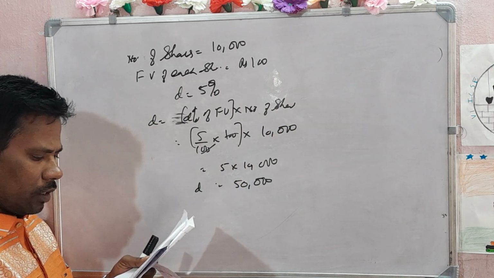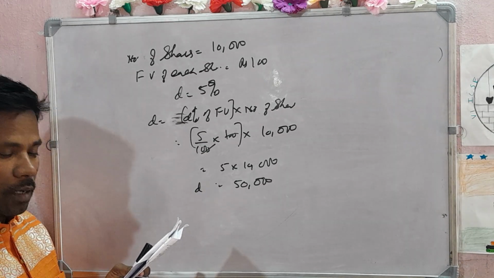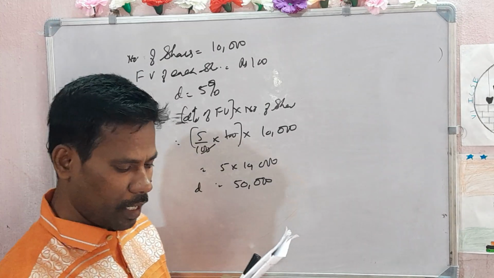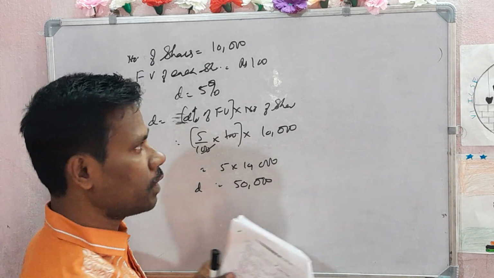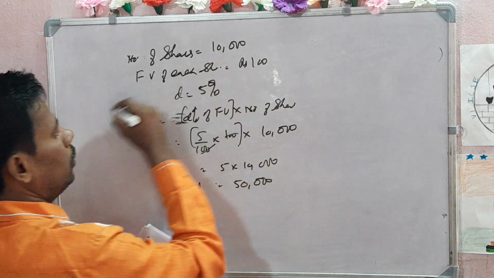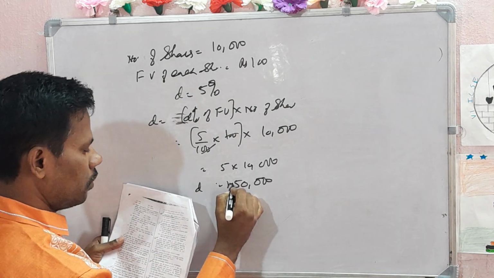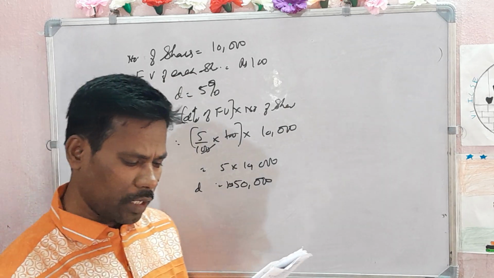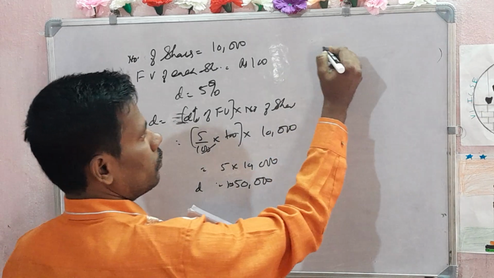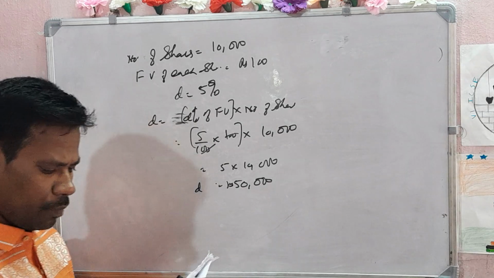Now the second bit: what should be the annual income of a man who has 72 shares in the company? The total annual dividend is 50,000. First, go for basics.